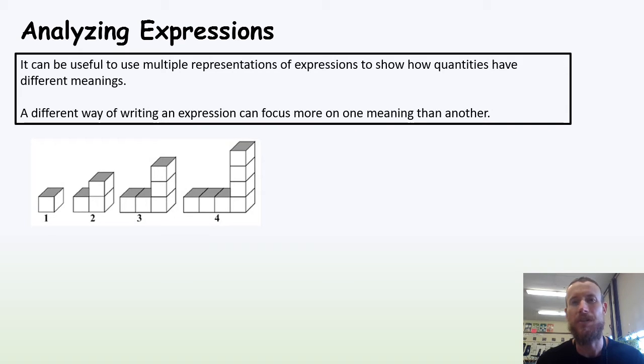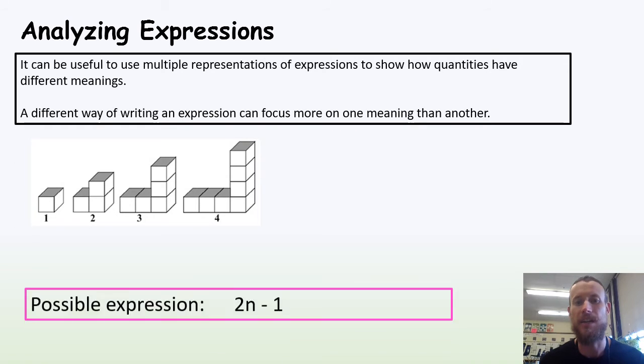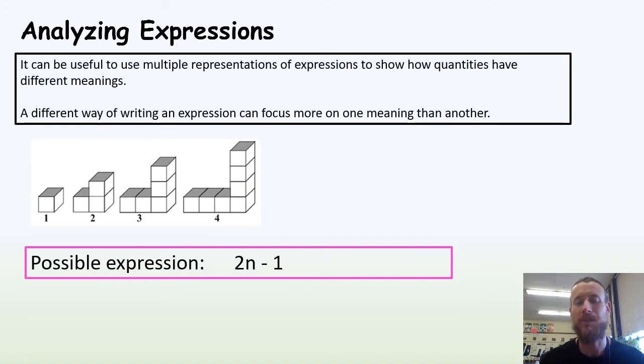So if we want to know how many cubes there would be in a general picture, like a picture that is n, one of the possible expressions is 2 times n minus 1. So where might this come from? Well, we're looking at the 4th shape, n is 4, so we can see these 4 blocks here, right? We also have 4 blocks here, so that would be 2 times n.